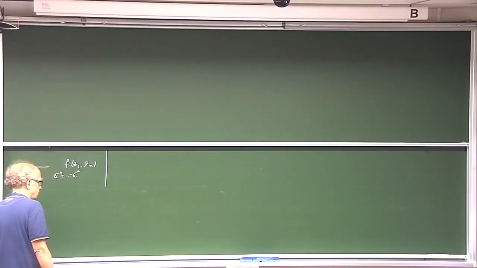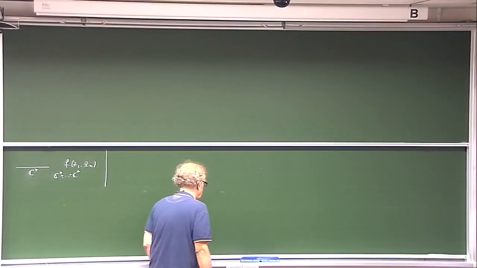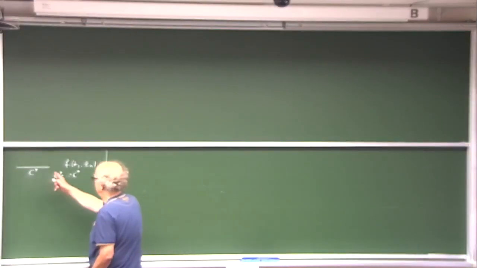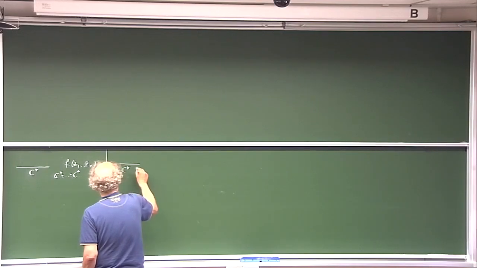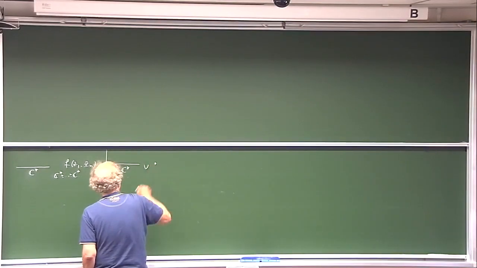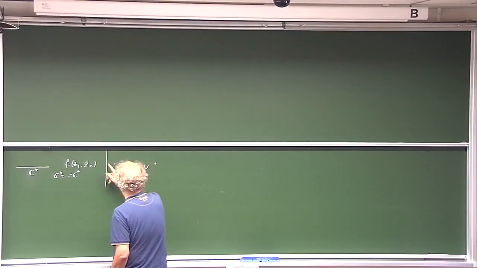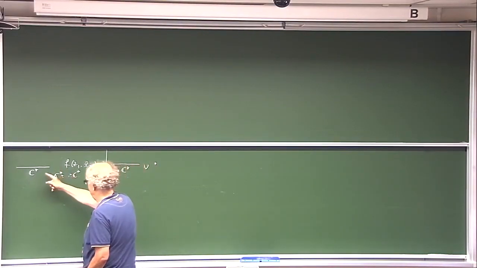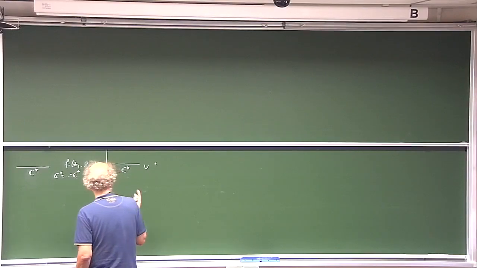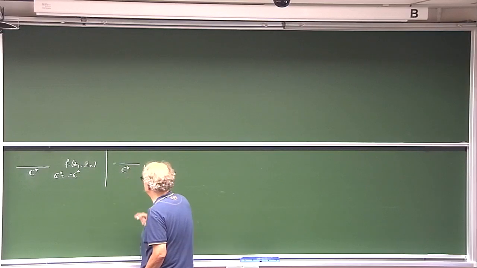Now let us construct a little bit bigger shuffle algebra, but let me do the following. I want to replace C star with C star plus one point, so my space where functions live is a little bit bigger: C star plus one point, which is just a disjoint union with C star.